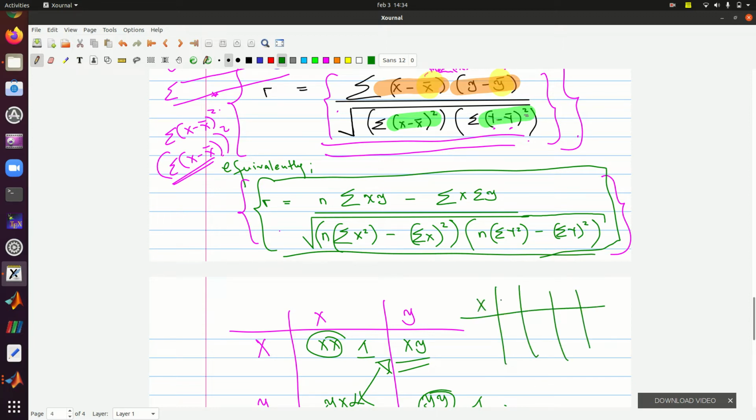Maybe x, then y, then xy. What else? Then you have x squared, you have y squared, and then the rest are the summations, and you just punch the values in there. You can try practicing that by hand, only that there are 34 entries. Or you can get a small data set which you can use.